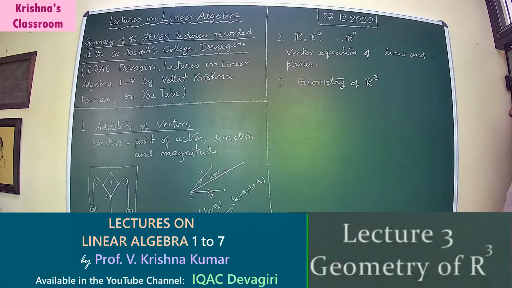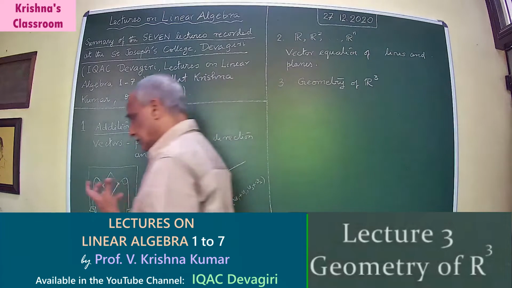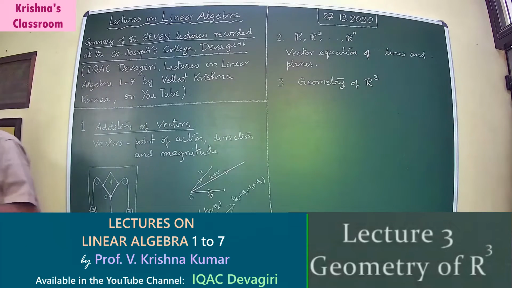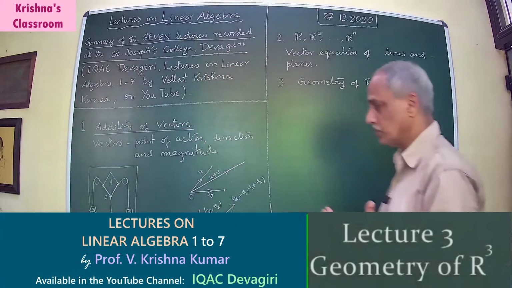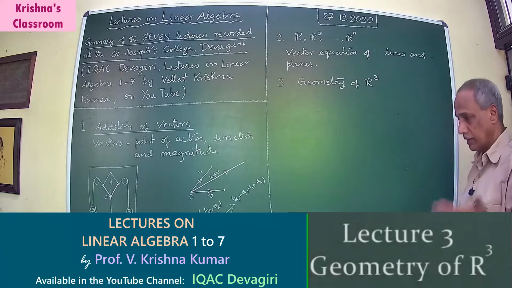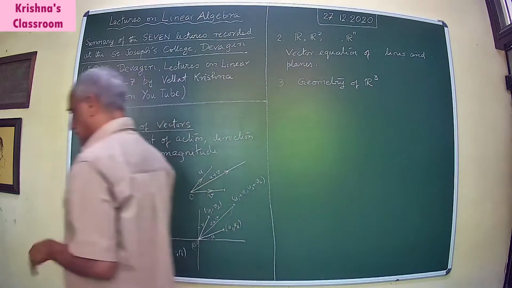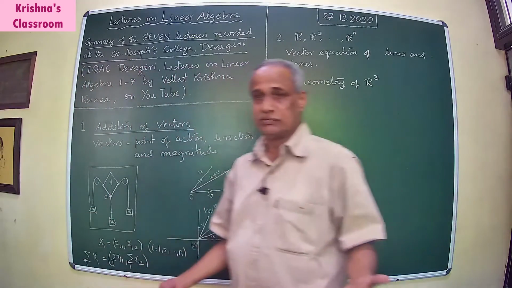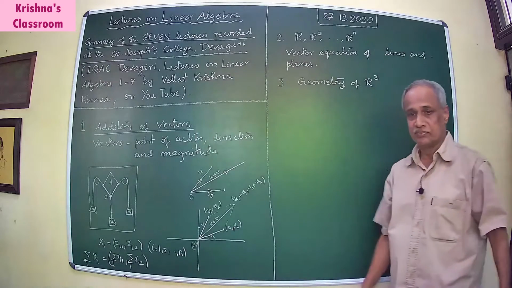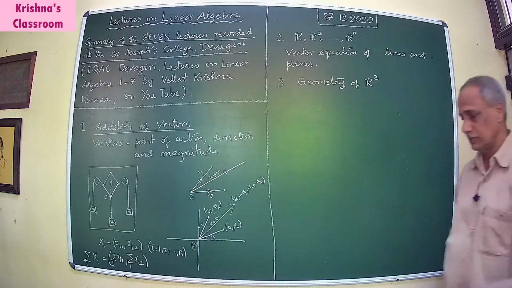So we have a detailed look at the geometry, what that space is, how planes look, how you get the equation of the plane or the equation of the line, what you mean by translation, what happens with parallel translates of lines and planes, and how you get the equations, and so on.